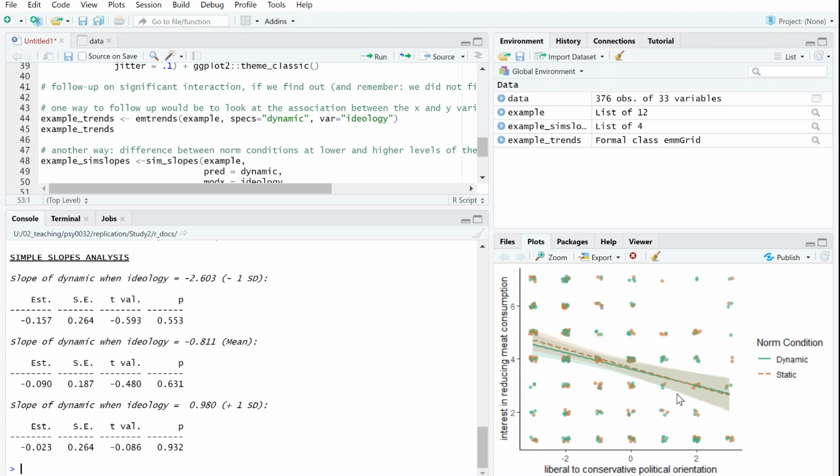But again, remember, the interaction was not statistically significant. So what we're doing here is an exercise just showing you how you would go about interpreting a significant interaction had we found one. But of course we didn't find one.